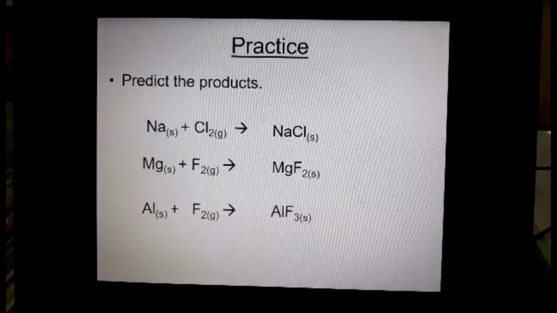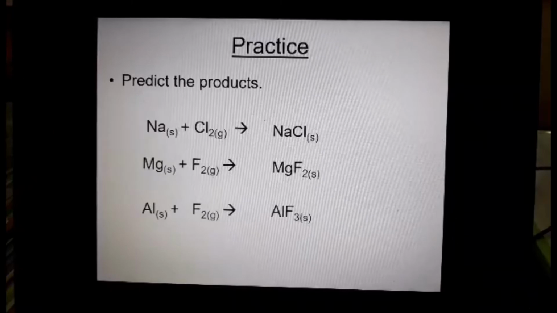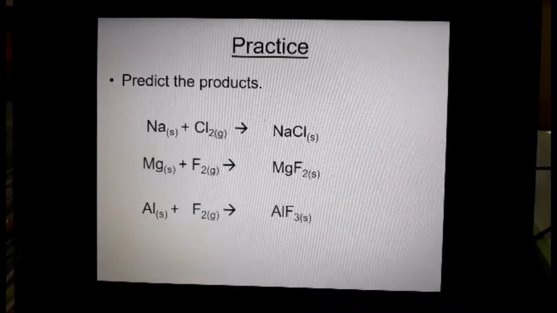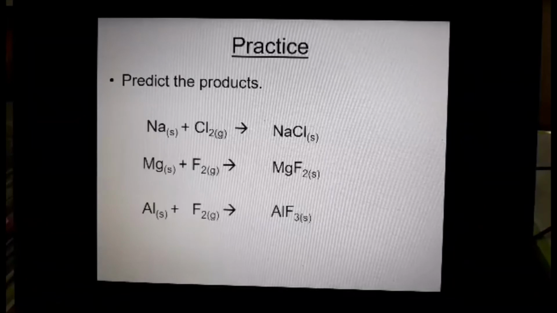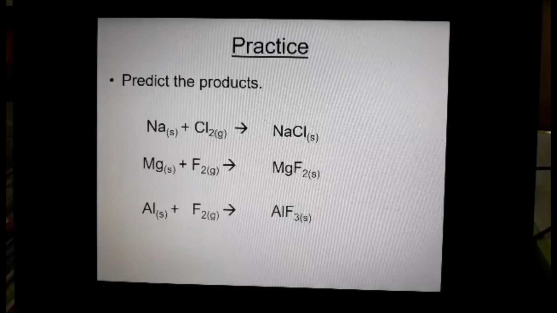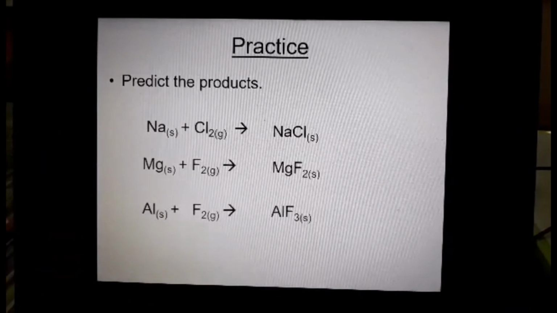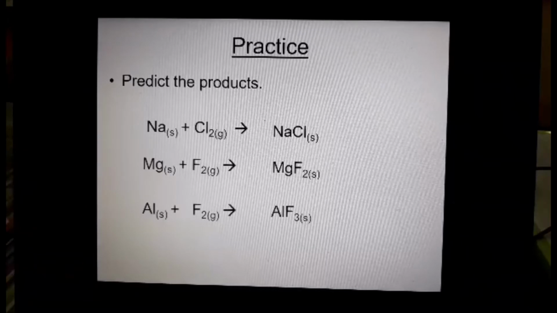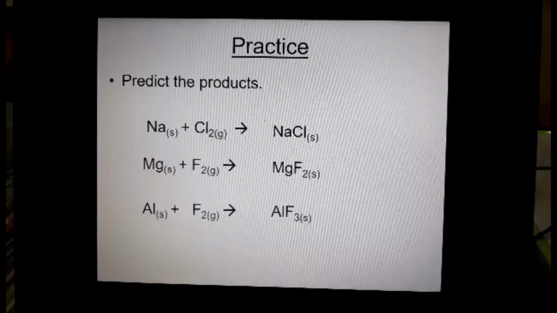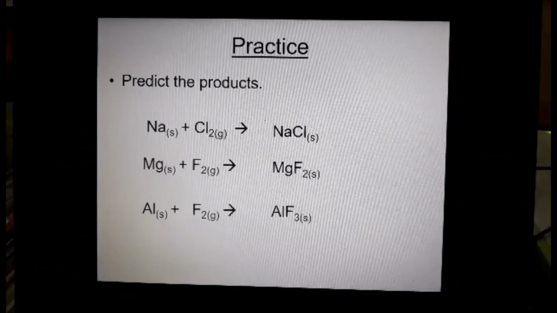Why is that? Always remember that in writing the chemical equation, we have to use the oxidation number. The oxidation number of sodium is positive 1, and the oxidation number of chlorine is negative 1. In the crisscross method, the oxidation number of the first element will be the subscript of the second element, and the oxidation number of the second element will be the subscript of the first element.